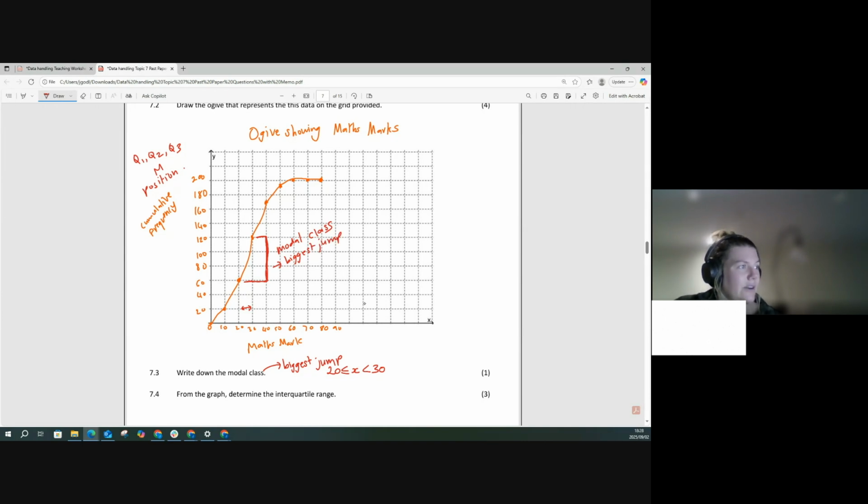And then look down. And if we have specific numbers, we'll look on the x-axis and go up as well. We'll write that down when we get to those questions. So now for 7.4, when you're trying to find the interquartile range, you're going to find the positions of quartile 1 and quartile 3. You're going to track them across and then find out what their maths marks are.